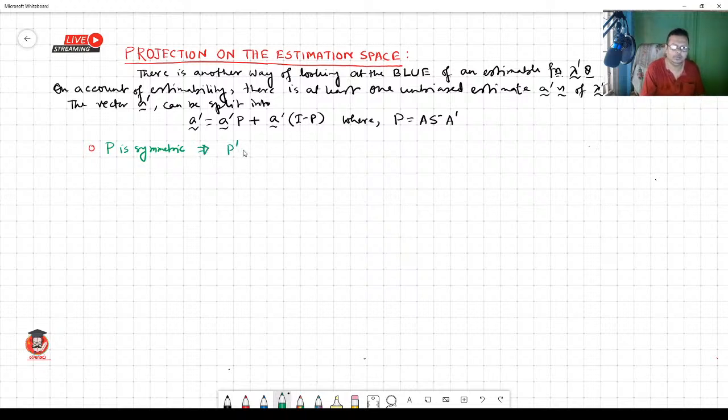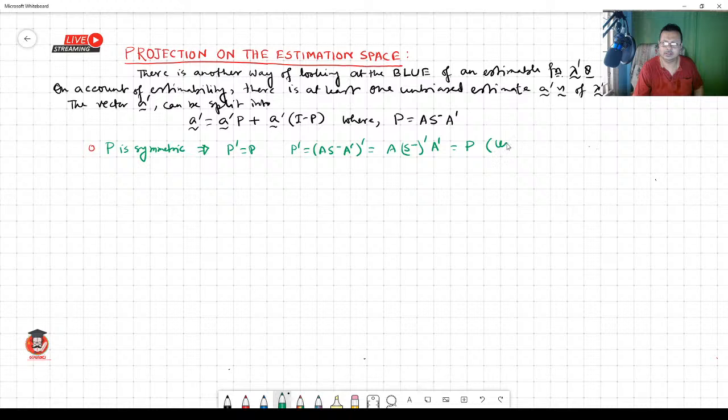That means P prime equal to P. P prime is nothing but A S G inverse A prime whole prime, equal to A (S G inverse) prime A prime, and we know already from result 2 that (S G inverse) prime is another G inverse of S. Hence these two things are same.